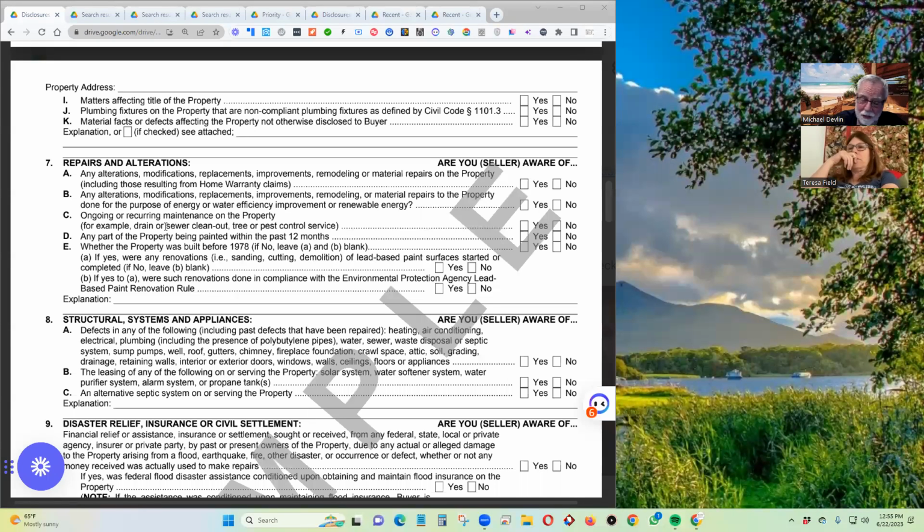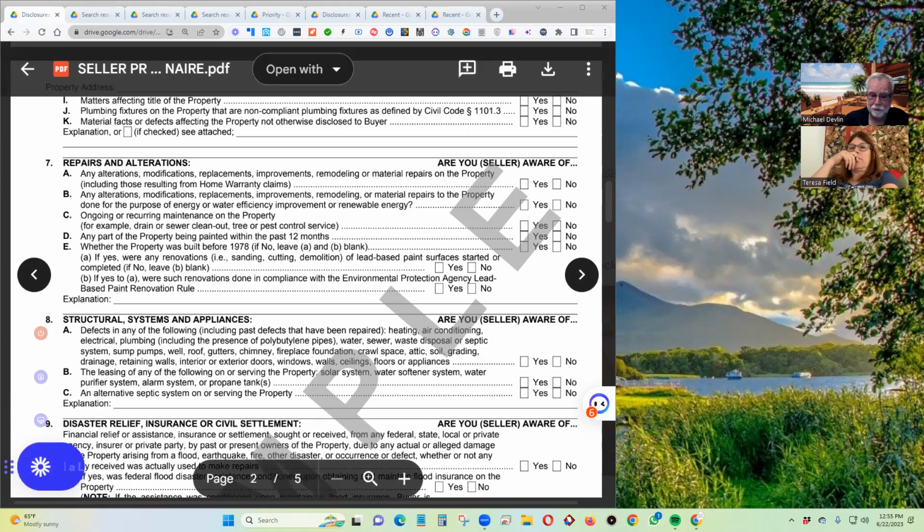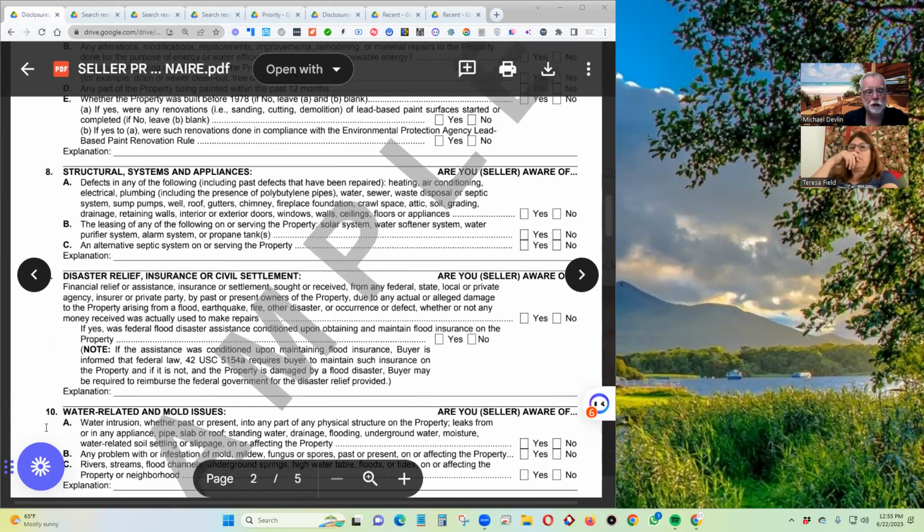By the way, a lot of the paint before 1978 had lead in it. So you're not required to test it. Most of the time the sellers don't know whether or not that was lead paint back that long ago, but it triggers another form.